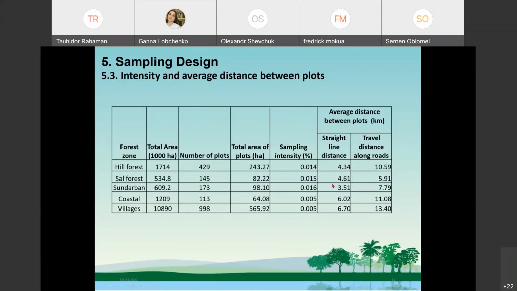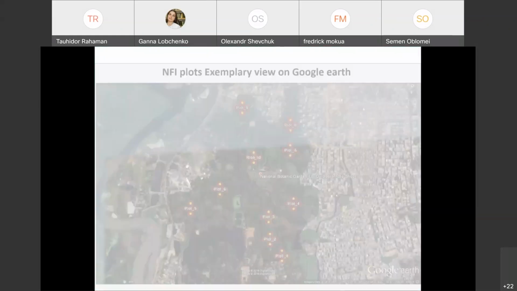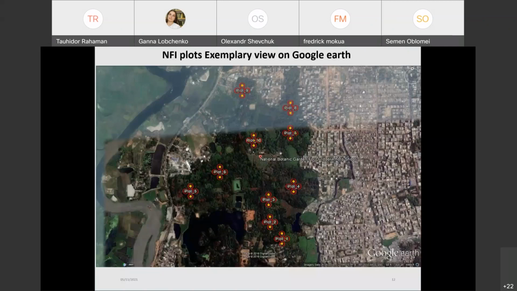In the hill zone, the distance was 4.43 in a straight line, compared to 6.70 in the village zone. This is the demo plot distribution, shown in Google Earth images.